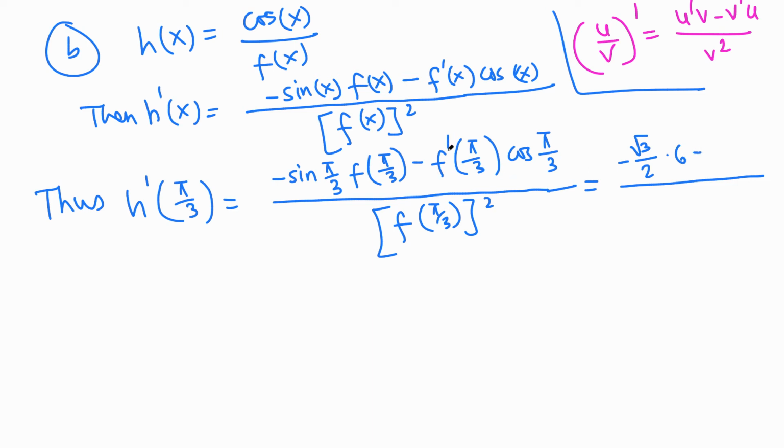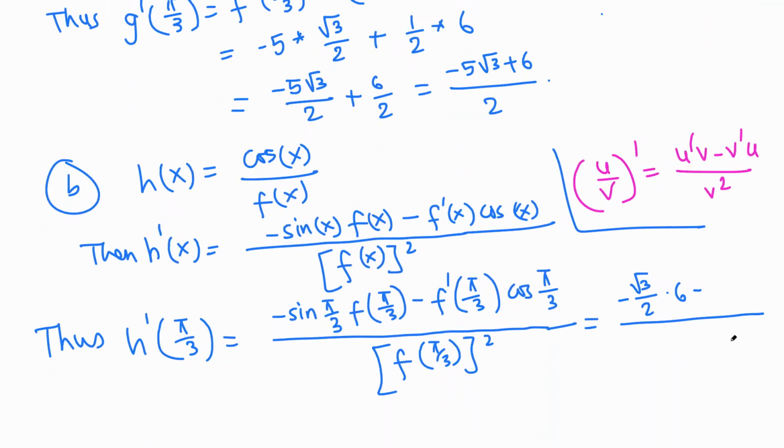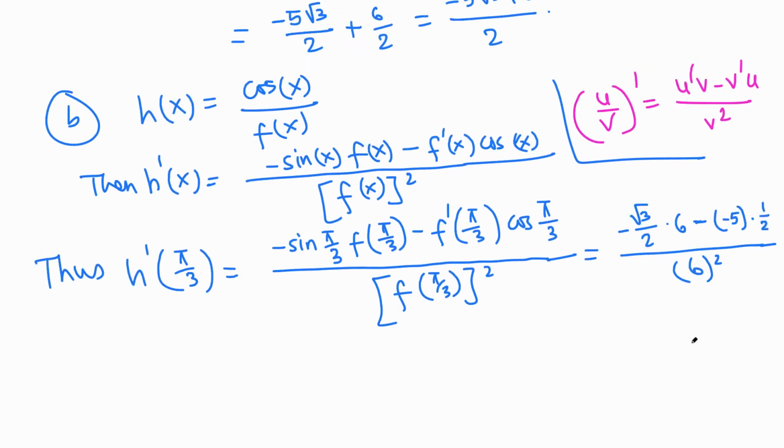Minus f prime pi over 3, which is negative 5, times cosine pi over 3, cosine 60 degrees, which is 1/2. All over f of pi over 3, that's 6, squared, which is 36. Okay, we are done.